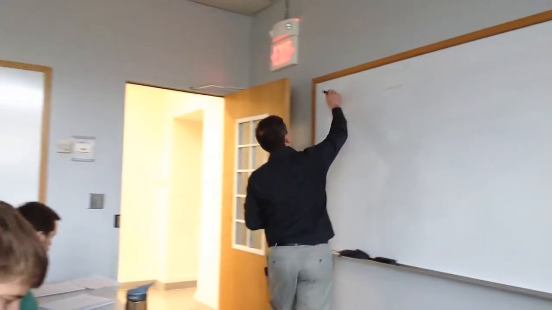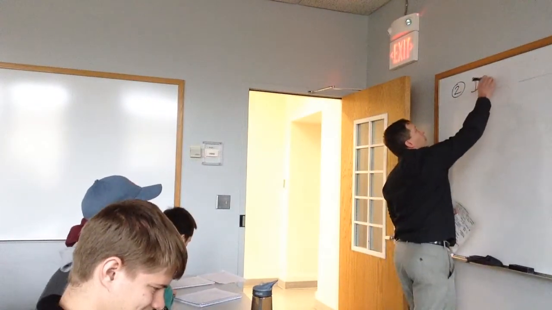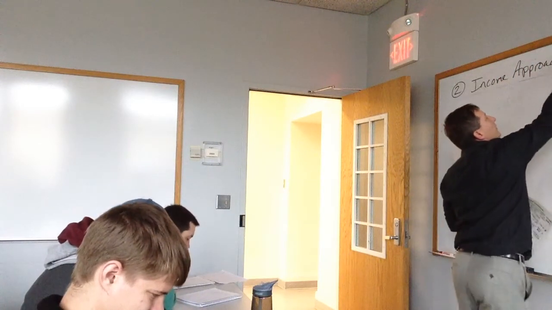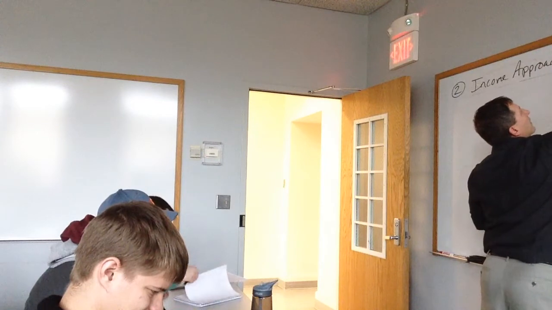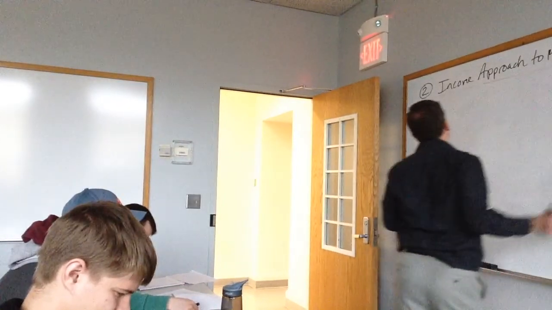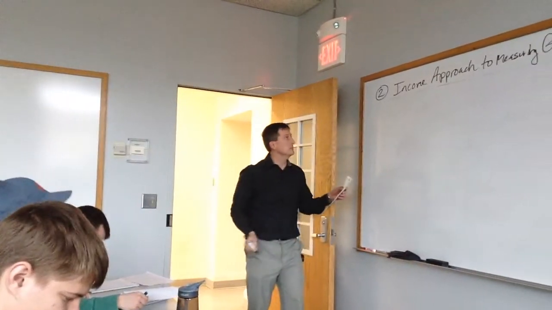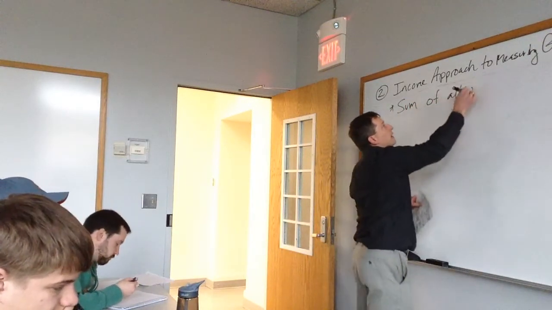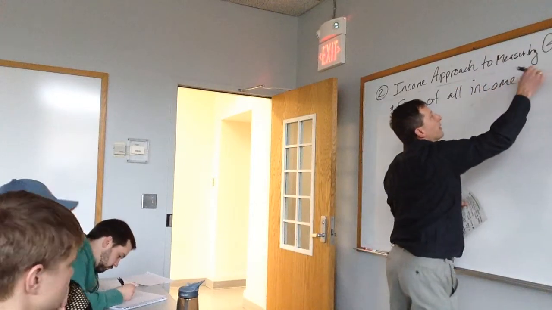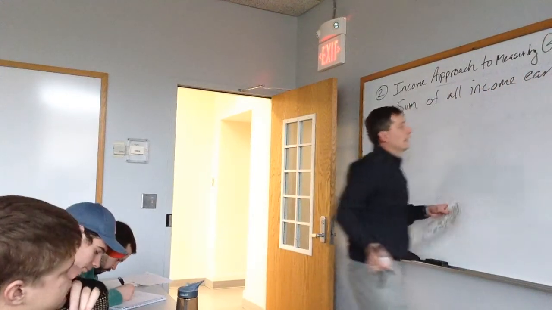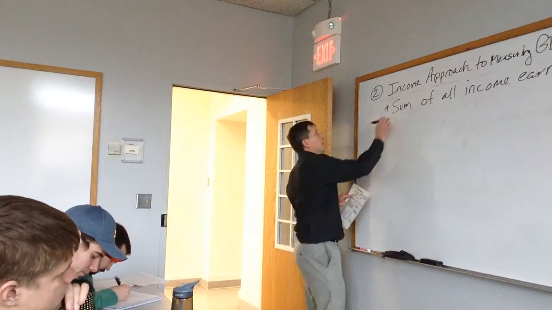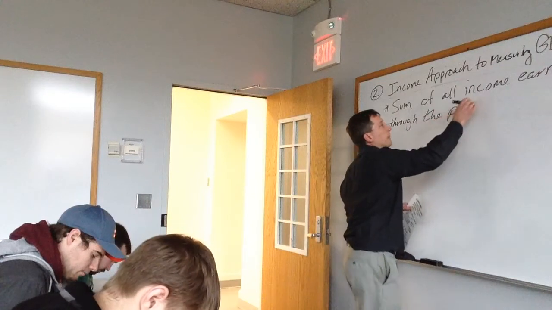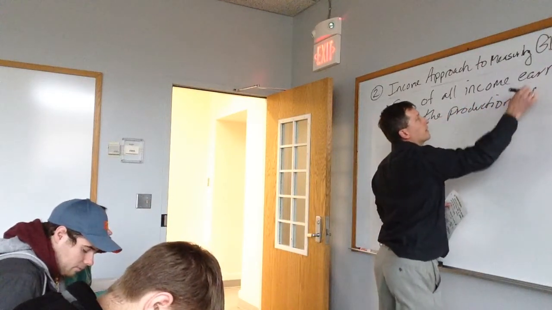And so number 2 is the income approach to measuring GDP. And this is simply the sum of all income earned through the production of goods and services.